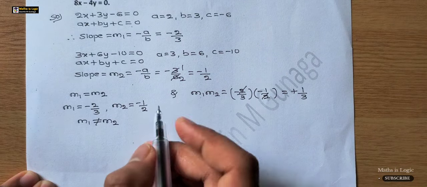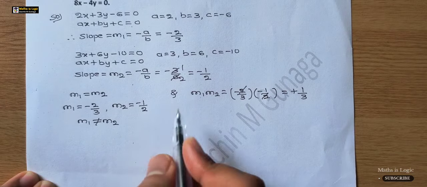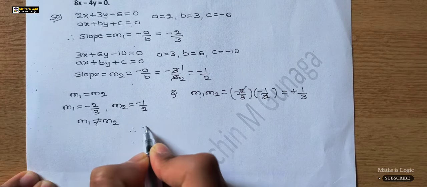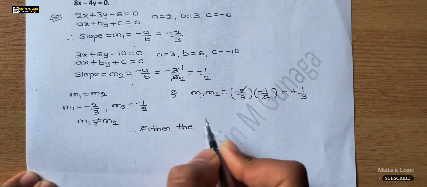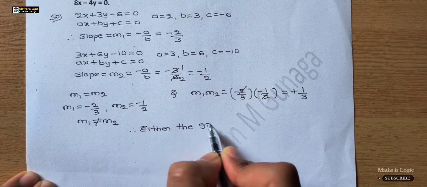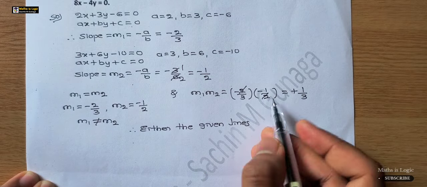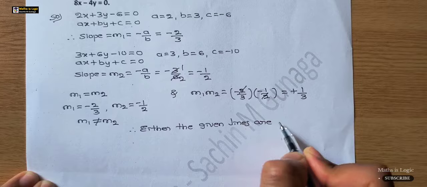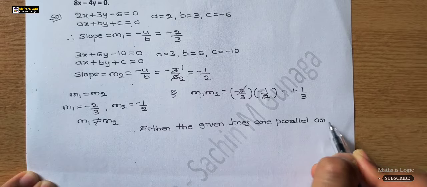Therefore here you need to write the lines like this: the given lines are neither parallel nor perpendicular.